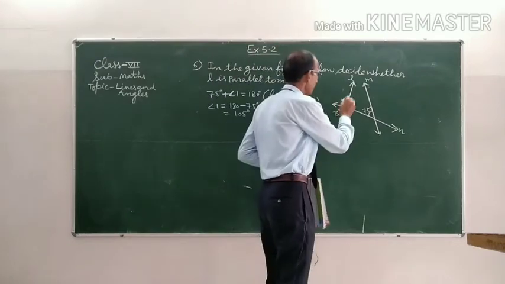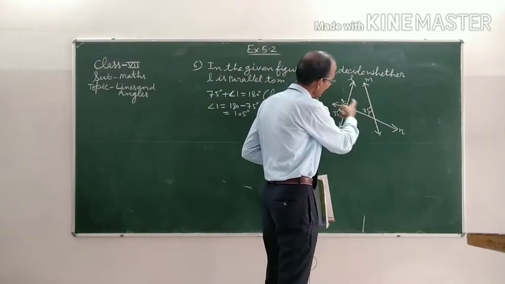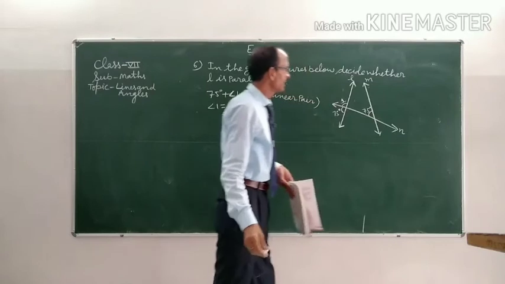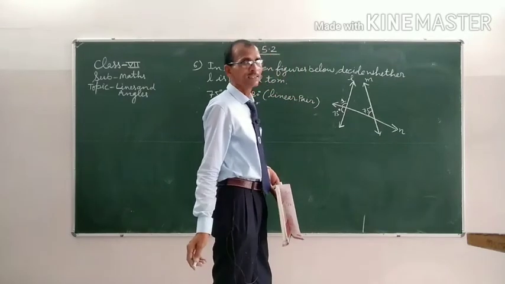Here we see that angle 1 and angle of 75 degree, which types of angles are these?